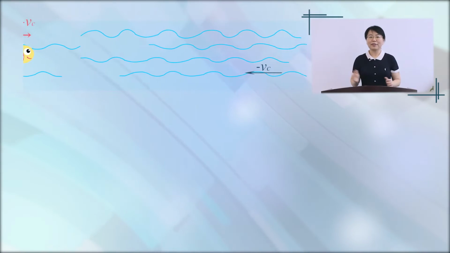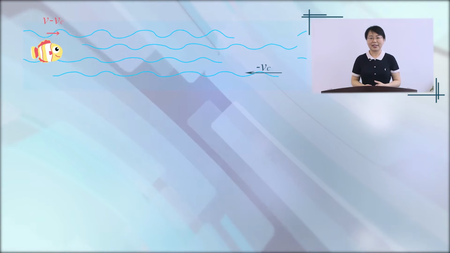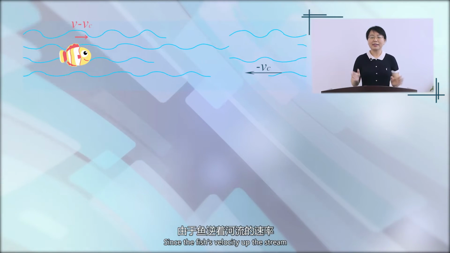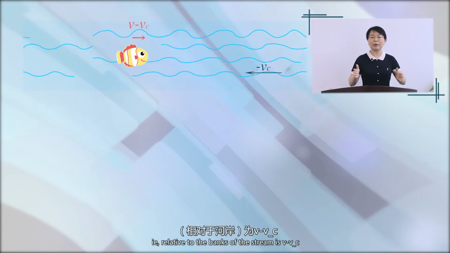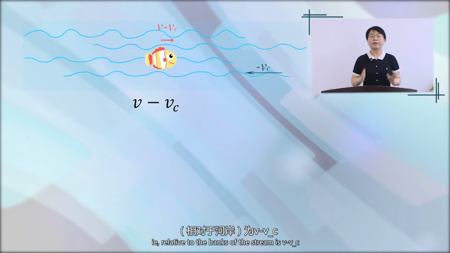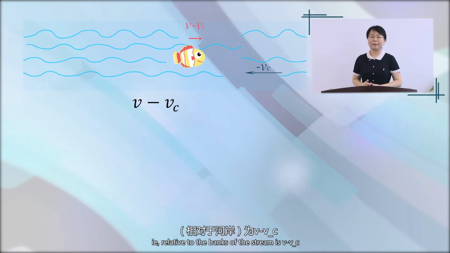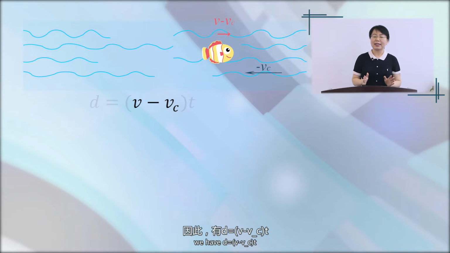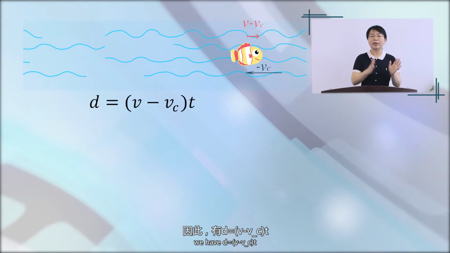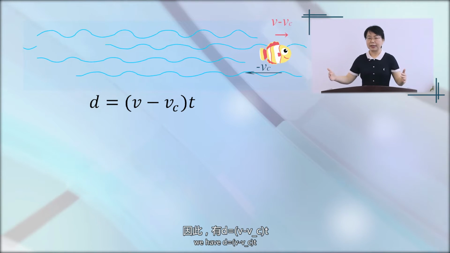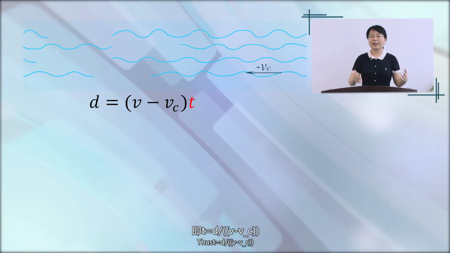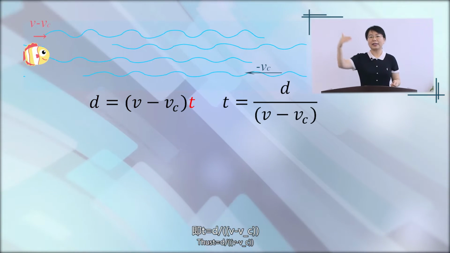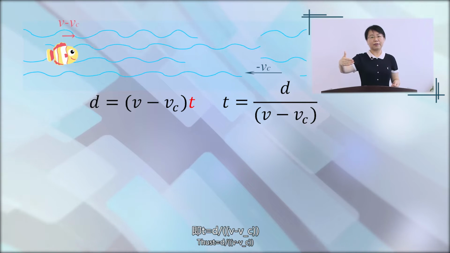Now let's solve it. So this figure illustrates the situation. Since the fish's velocity up the stream, that is relative to the bank of the stream, is v minus v sub c, we have that d equals v minus v sub c times t, where t is the required time. Thus, t is a quotient of d over the difference of velocity.